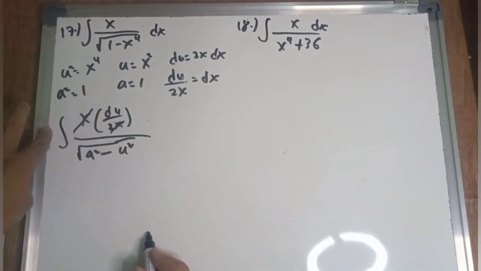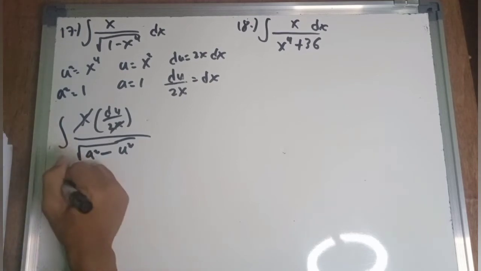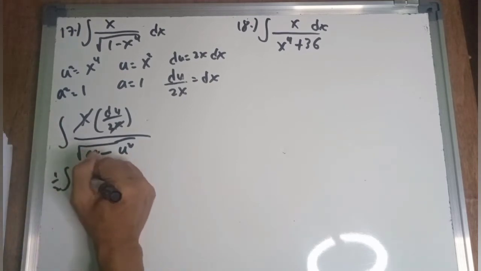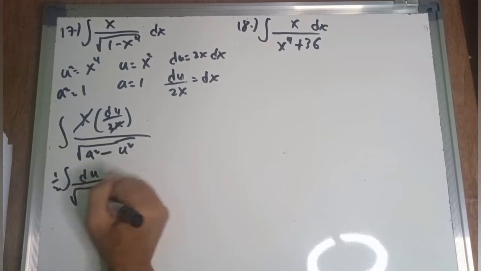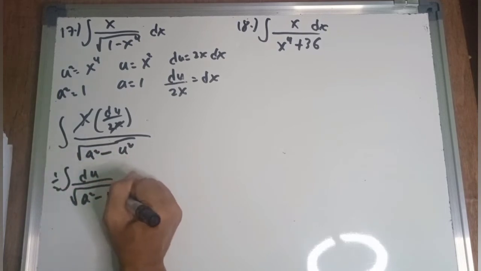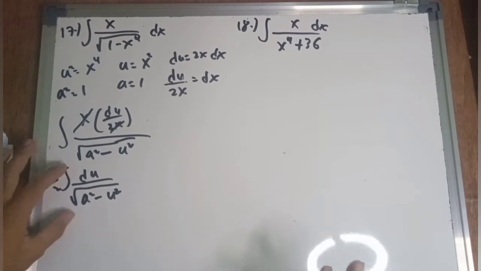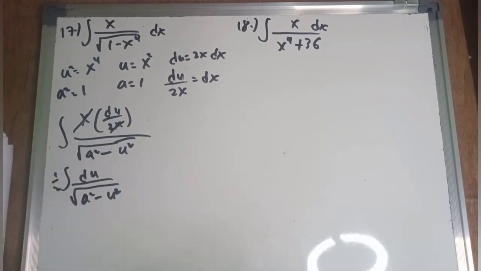We can multiply this using the properties of integral. So this will become 1/2 integral of du over the square root of a squared minus u squared. This form of expression indicates the inverse of sine, so apply the integral formula for the inverse of sine, because the square root of a squared minus u squared is representative of the inverse of sine.